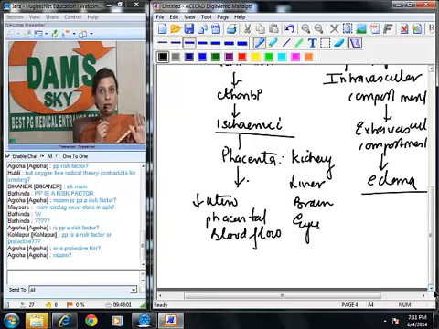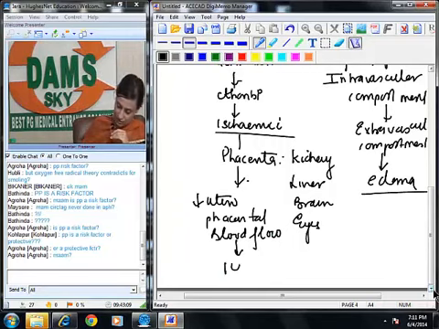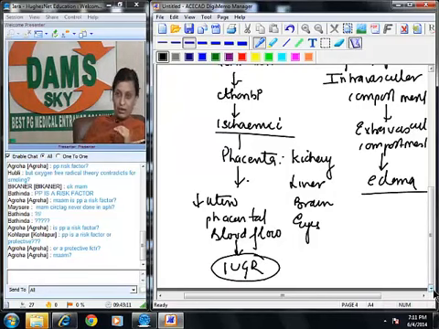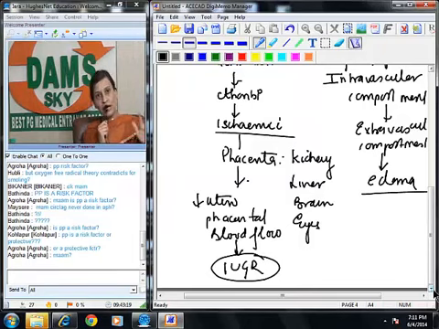Once the blood flow to the baby decreases, the oxygen supply to the baby also decreases, and this results in a baby which becomes growth restricted or undergoes intrauterine growth restriction. So that is how all end organs are being affected: the placenta, the baby, kidney, liver, brain, eyes, right?